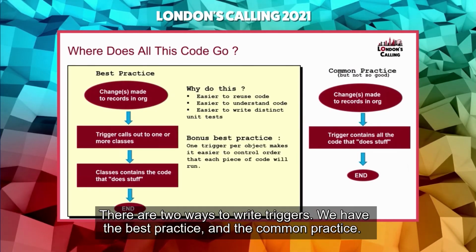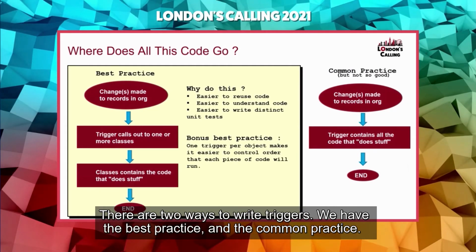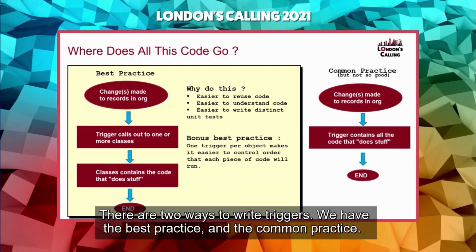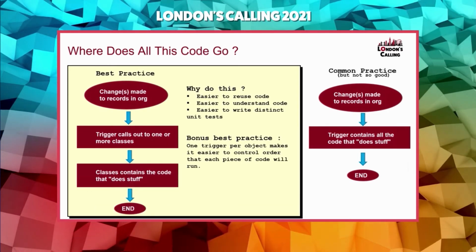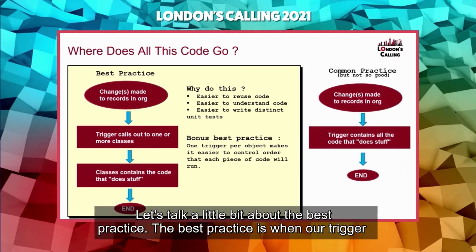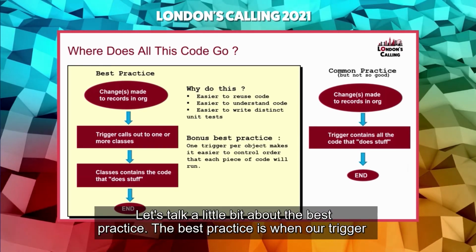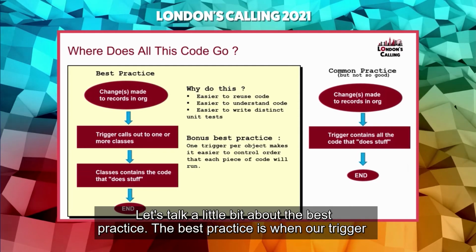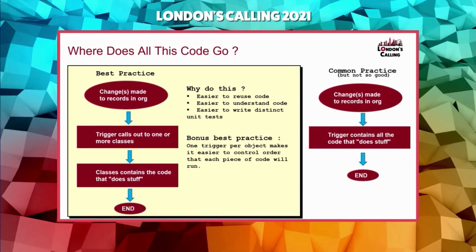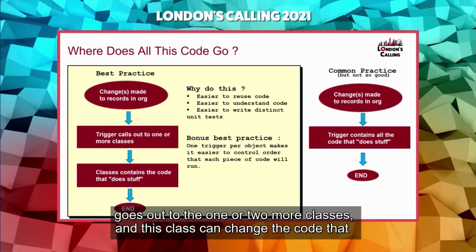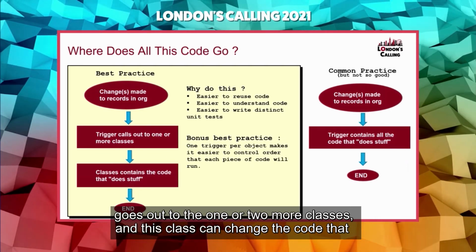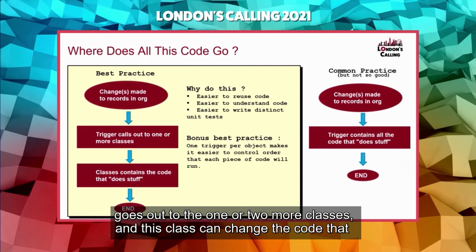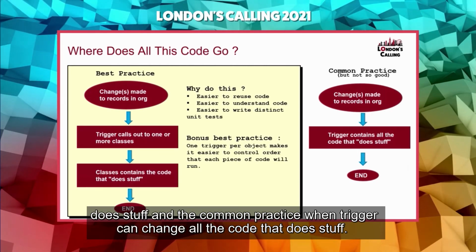But there are two ways to write triggers. We have the best practice and the common practice. Let's talk a little bit about the best practice. The best practice is when our trigger calls one or two more classes, and these classes contain the code that does the work.